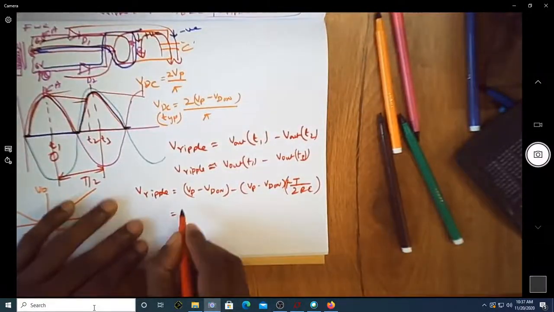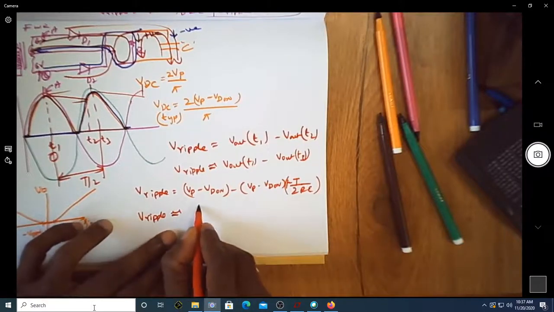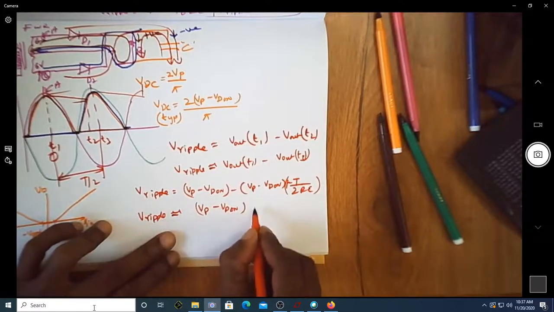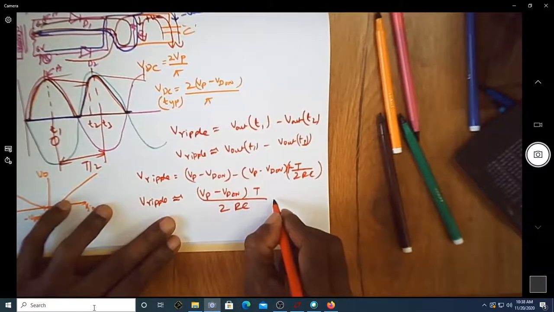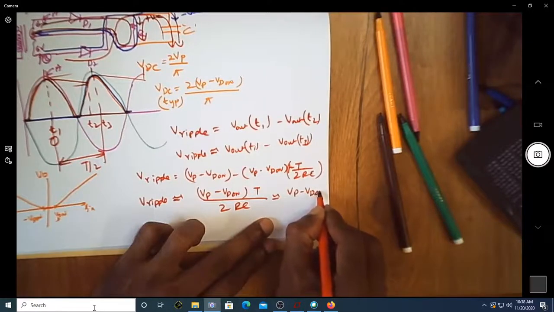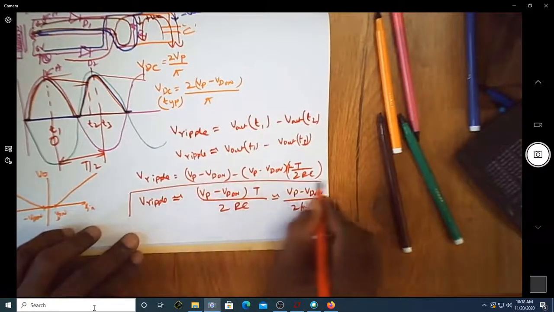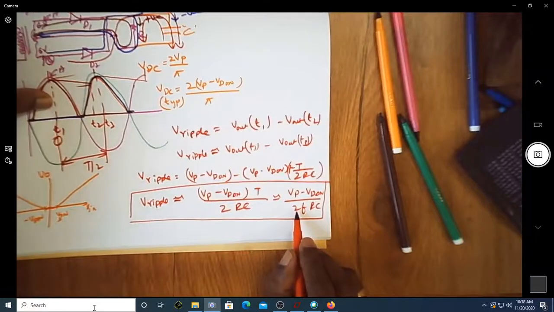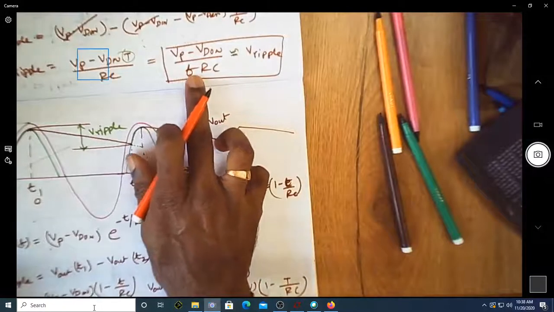So upon doing all these things, V ripple approximately becomes equal to Vp minus Vd on by T by 2RC, or can I write it as Vp minus Vd on by 2FRC. This is the expression. This is the extra term that you are getting: 2 times FRC in the denominator instead of simply FRC.